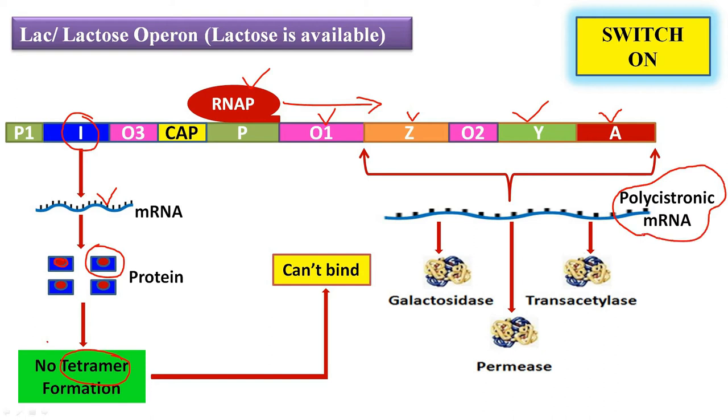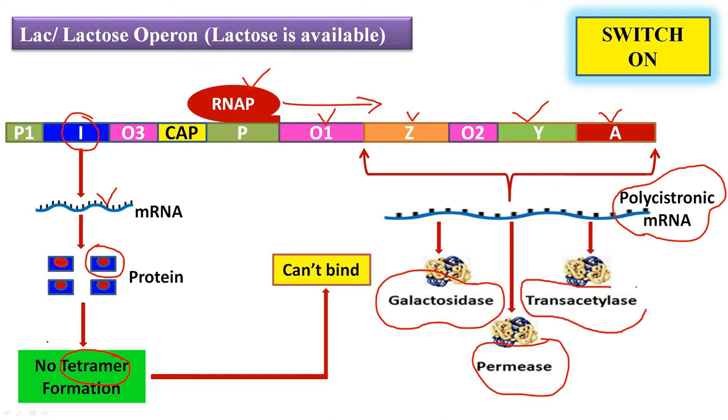And from this polycistronic mRNA, 3 polypeptides, or specifically enzymes, namely galactosidase, permease and transacetylase are synthesized, and these enzymes or proteins in turn perform the transport and metabolism of lactose in bacteria.